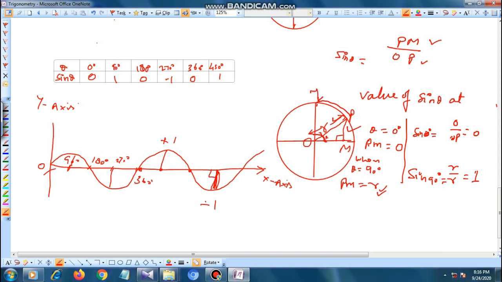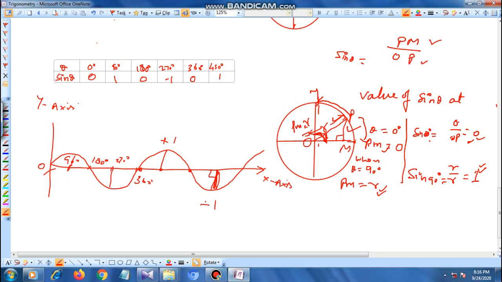It means PM will become R. So sin 90 is 1 and sin 0 degree is 0, because when P moves towards the x-axis and reaches the x-axis at this point, PM will become 0. Sin 0 equals PM upon OP, PM is 0, so 0 upon something is 0. So sin 0 is 0.